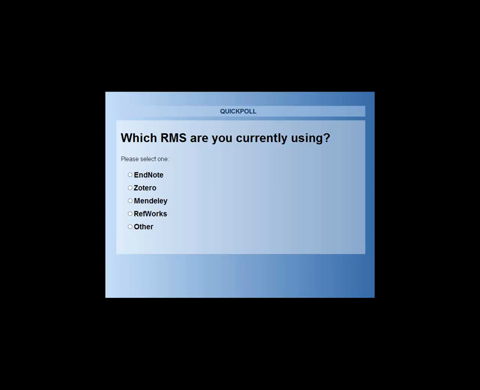I often refer to these as the big 4 for referencing software. They are very much the 4 most commonly used packages. EndNote was the first of these to gain widespread popularity, and it was certainly the software that I first started with many, many moons ago. It's licensed commercial software produced by Thomson Reuters.